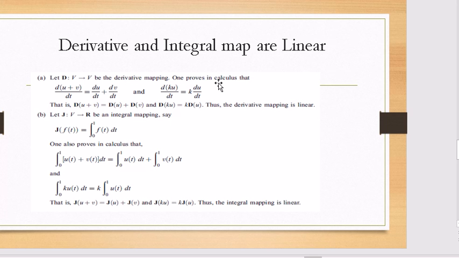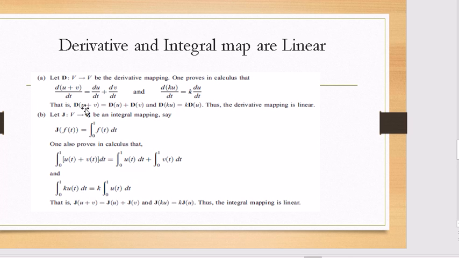We know from calculus and from the basic properties of derivatives, which we have all studied, these two basic properties of derivatives. This is known as the sum rule and this is known as the multiplication rule. So we all know about these two properties of derivatives, and these two properties are the same as the definition of the linear map.